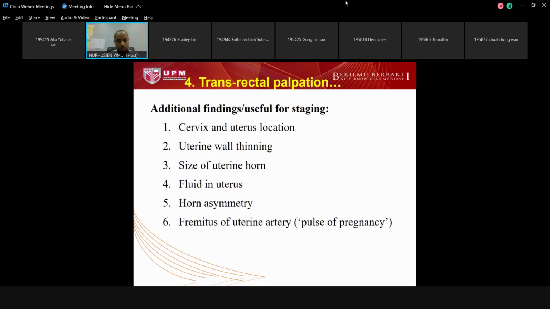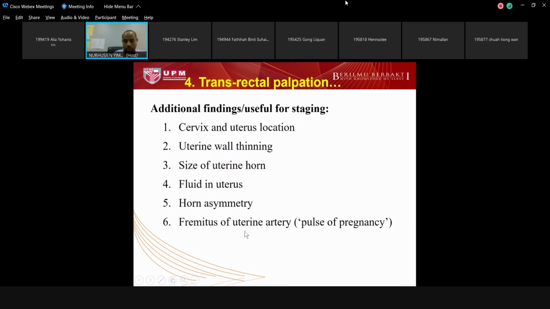The presence of fluid in the uterus, how much fluid you have inside, the asymmetry of the uterine horn, because when there is a gravid uterus, the non-gravid part of the uterus will be different in terms of size from the gravid portion. So during pregnancy palpation through the rectum, you will be able to appreciate the difference in size between the two parts of the uterine horns.